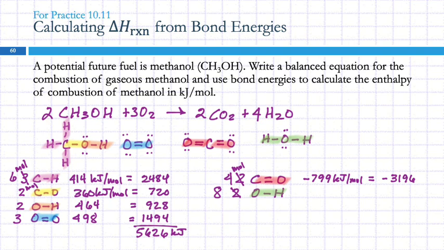And the oxygen-hydrogen, 464. And there's 8 of those. 8 times negative 464, negative 3712. Add these up. Negative 6908 kilojoules.